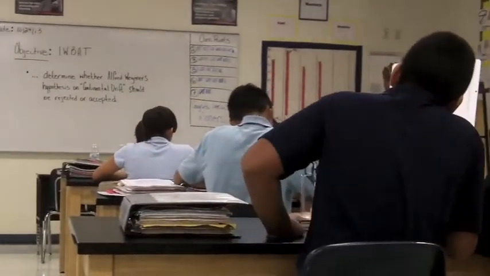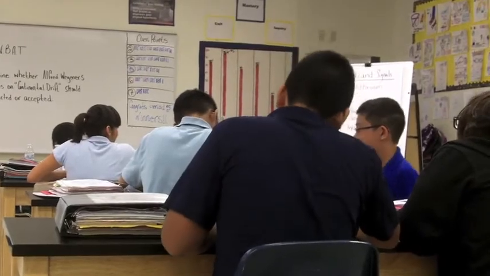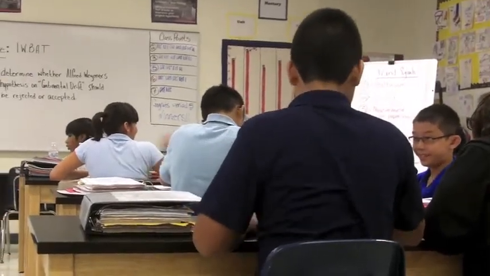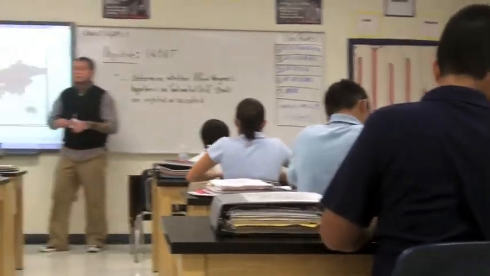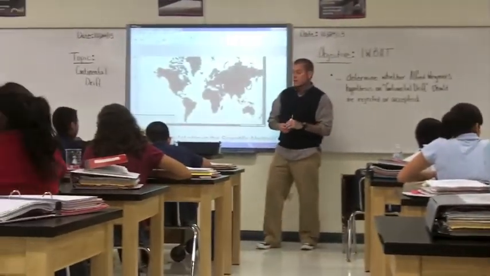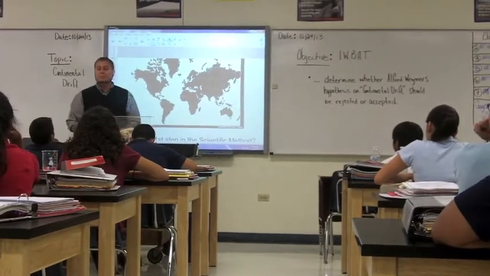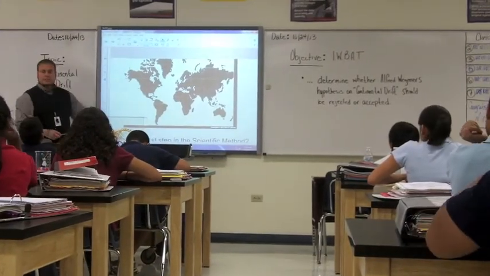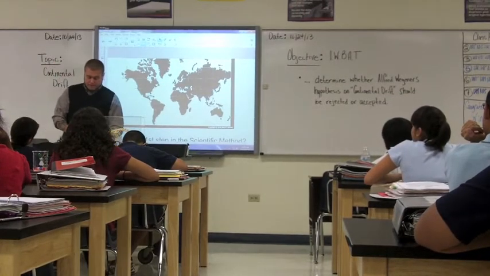Where are some connections? Okay. If I get all eyes on me in 3, 2, 1. What was the connection between you making the puzzle and this picture right here of the Earth, the continents of the Earth?